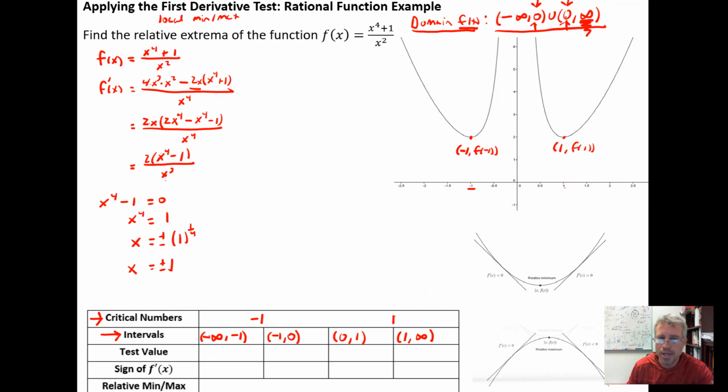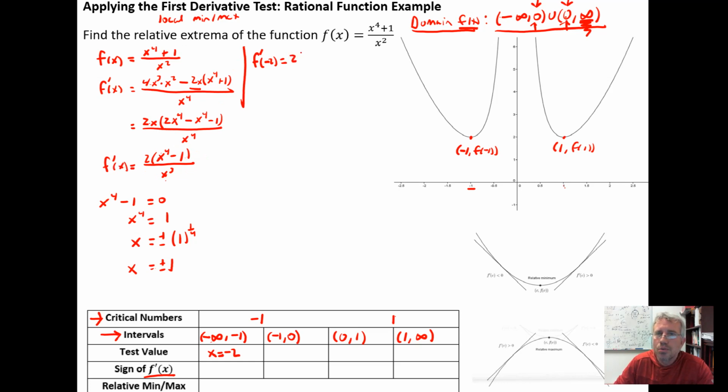And remember, for the test values we need to plug in numbers, any number we want within the interval, and determine what the sign of the derivative is. So for example, x equal -2 is in the interval from -infinity to -1. So I could evaluate f prime at -2, which just means I need to plug -2 into the derivative right here.